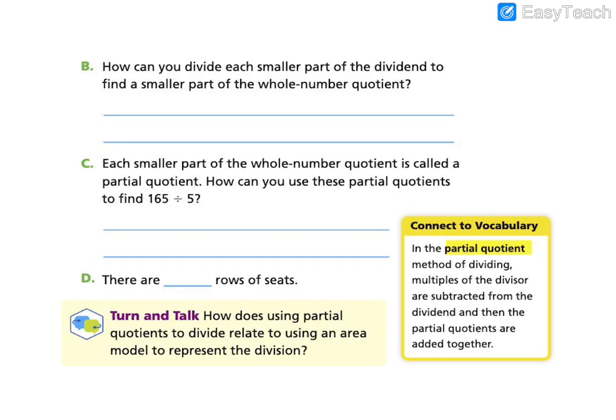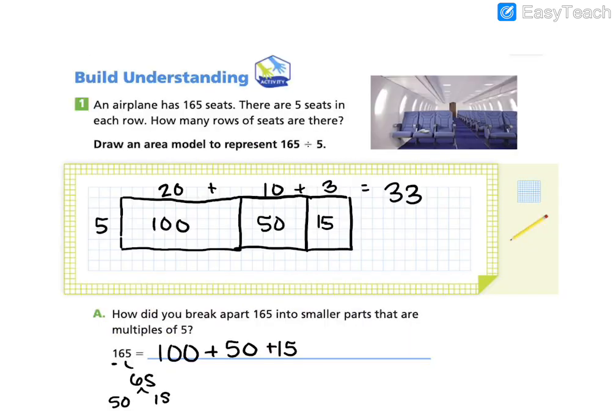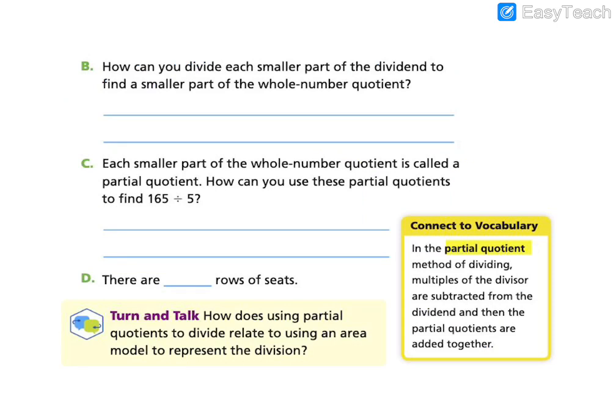How can you divide each smaller part of the dividend to find a smaller part of the whole number quotient? What this question is asking us is basically, what did we do here? What were the equations that we used, right? Think back to when we were working on distributive property. We found our partial quotients.